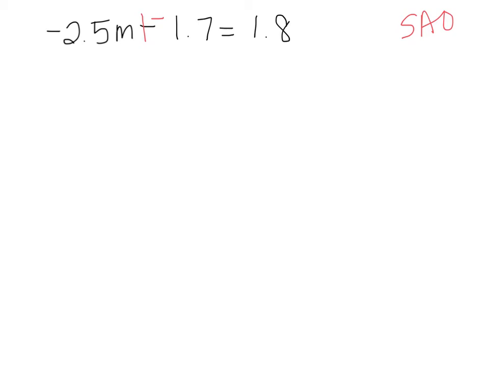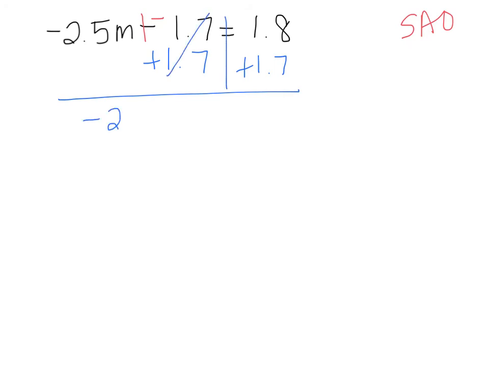Okay, what you should have done is you first should have added 1.7 to both sides, which leaves me with negative 2.5m on the left, and that will equal 3.5. Then I'm going to divide by negative 2.5.